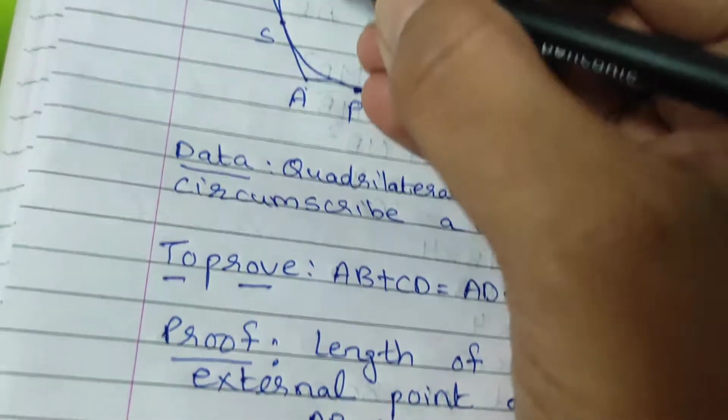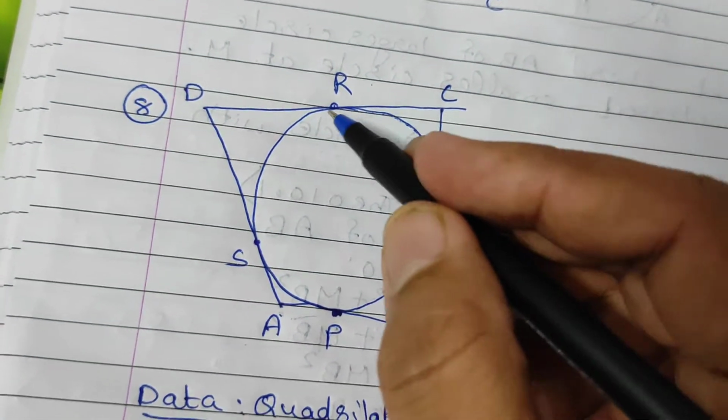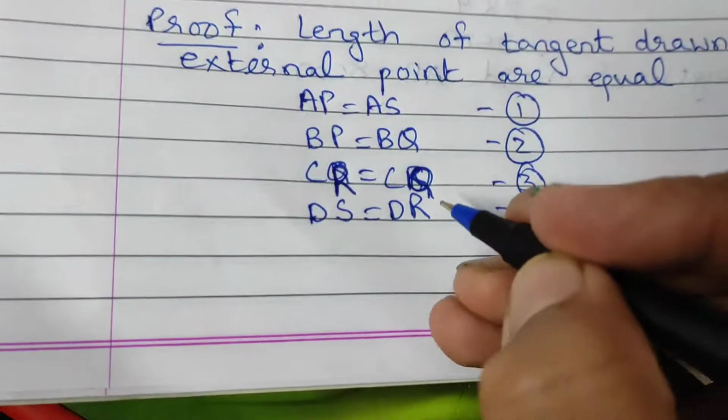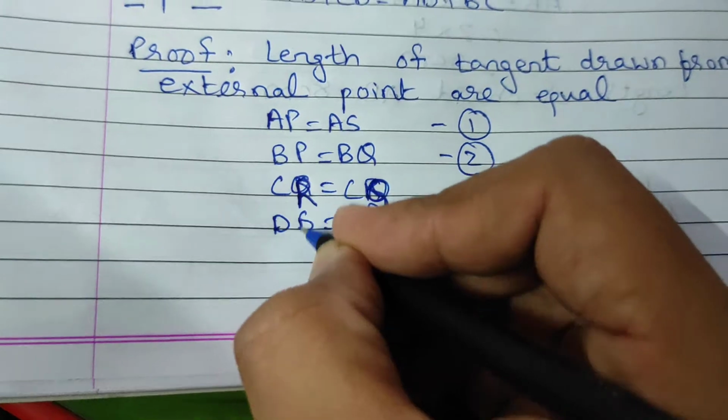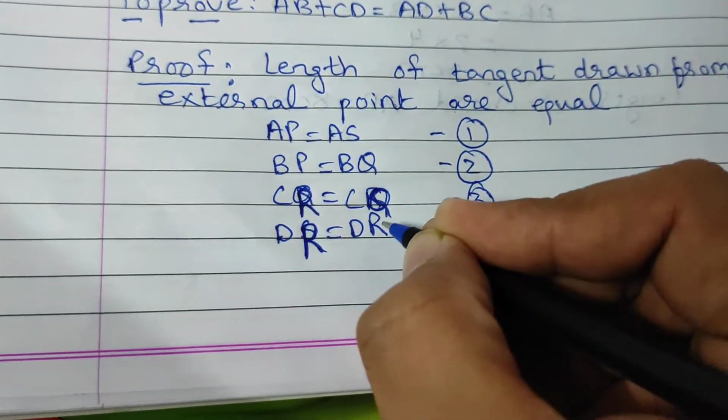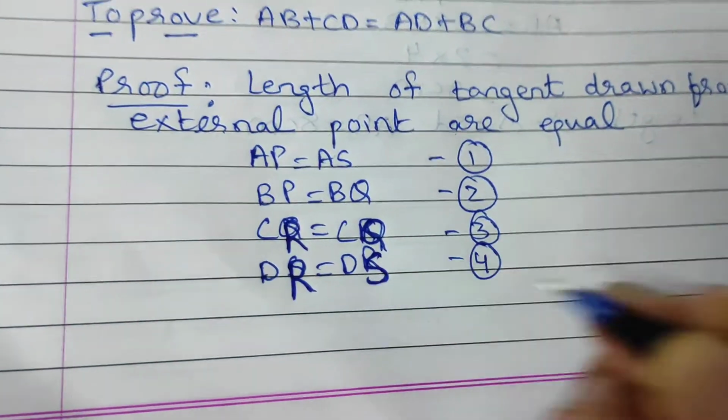Correct? In the same way, CR and DR should be on the same side. DR is this side, CR is this side. That is also not valid. So here let us take DR and here DS. It is the same thing.